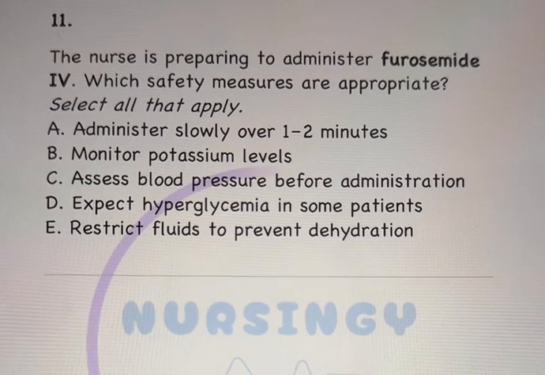Okay, what will happen if we administer it fast? If we do it rapidly? What will happen if we are rapidly administering furosemide?